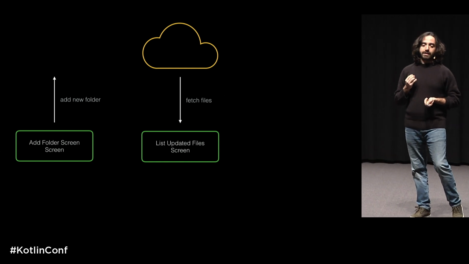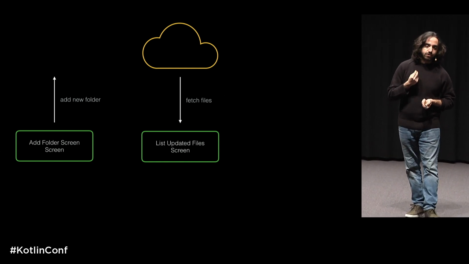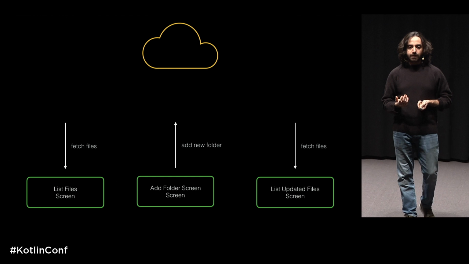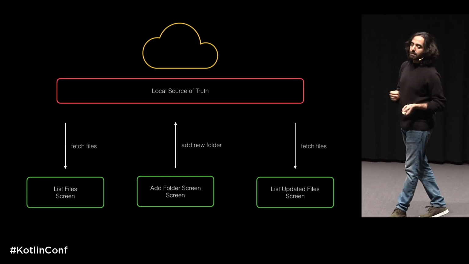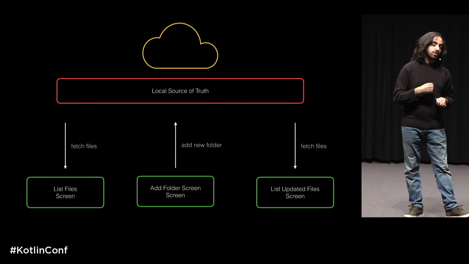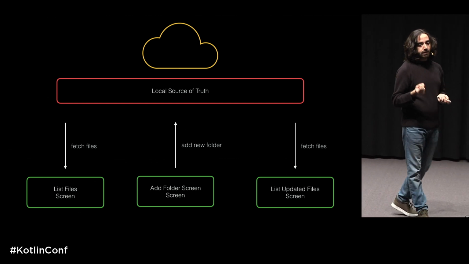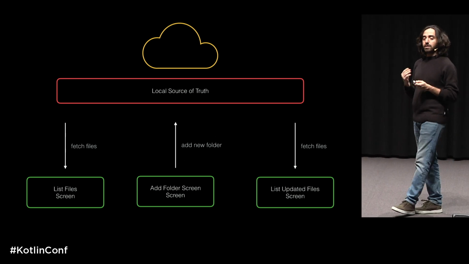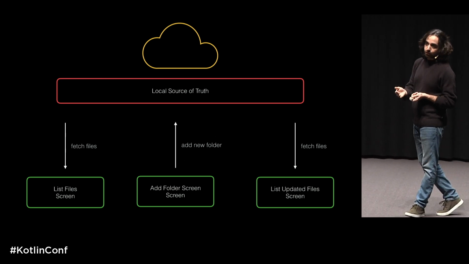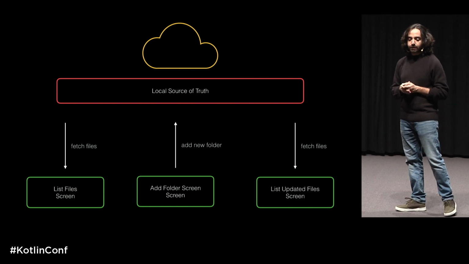So the problem here is that you are missing a reliable source of truth that's locally accessible. So we want to put this. It's usually a database, might even be a file, something you can modify locally and then synchronize to your backend asynchronously. Meanwhile, your UI can be snappy because it's just loading local data. You don't need to rely on network.